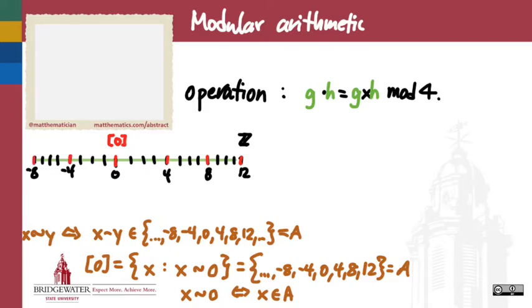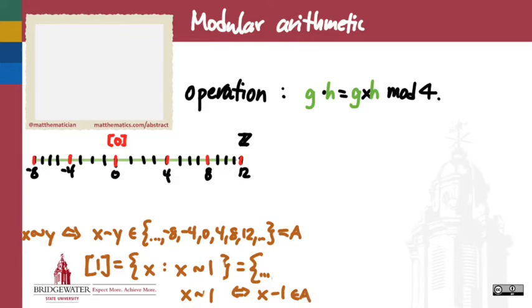Okay, what about the equivalence class of 1? How would it be different? We know that it has to be disjoint from the equivalence class of 0, right? Because equivalence classes can't overlap. So how does it change? 1, 5, 9, going the other way, -3, -7.